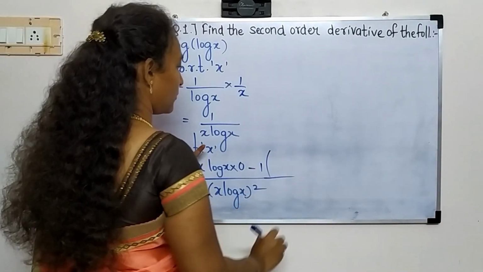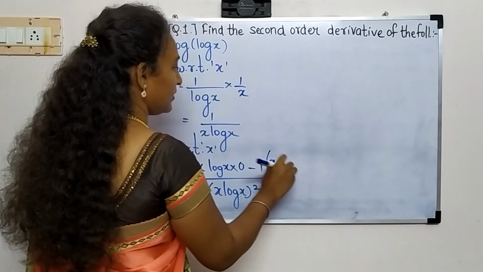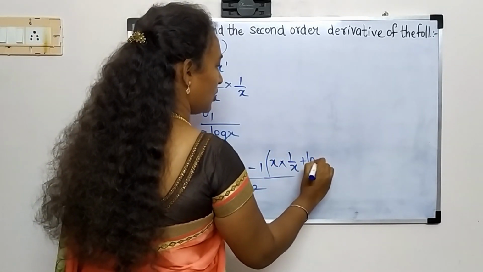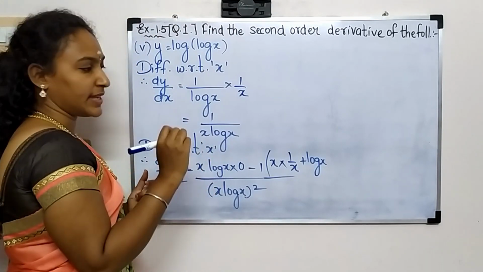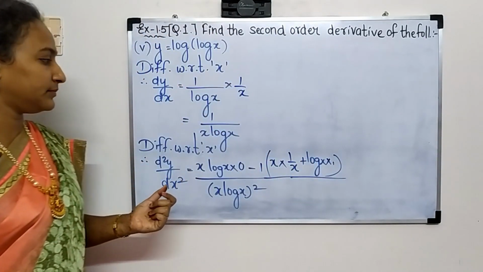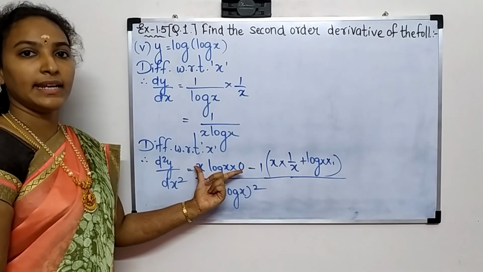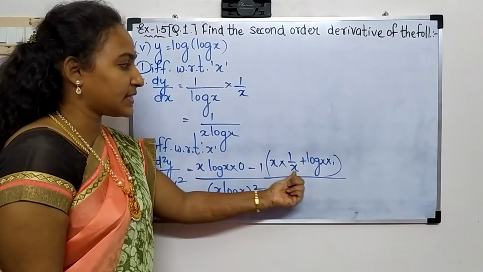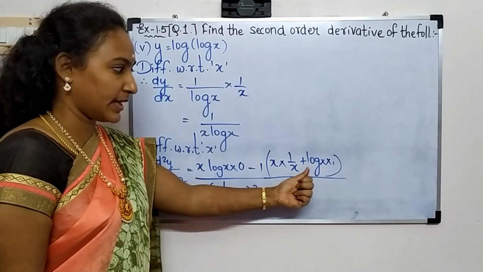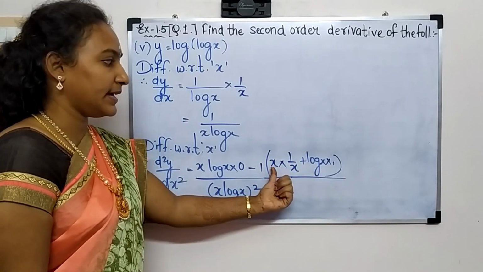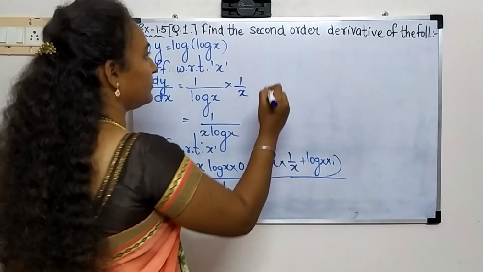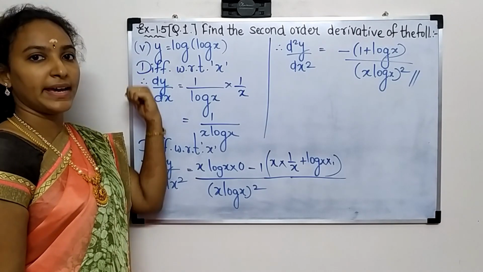We have to use the product rule. x, derivative of log x is 1 by x, plus log x and derivative of x is 1. Okay, done. So this term will get eliminated. Here the x will get cancelled out. So we will get minus 1 plus log x. This is minus (1 plus log x) upon (x log x) the whole square. So we have completed our question number 5 here.